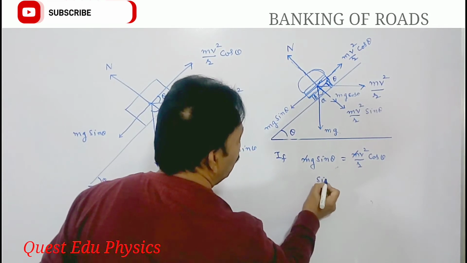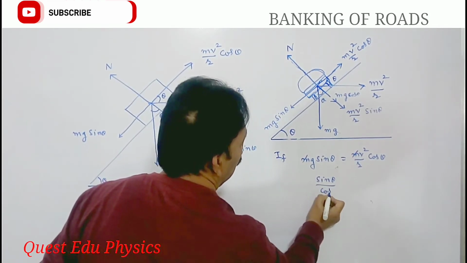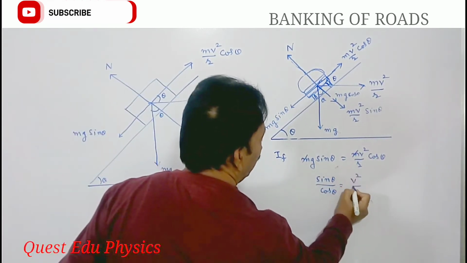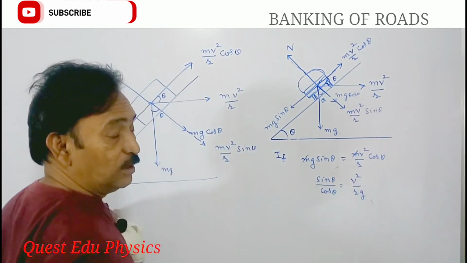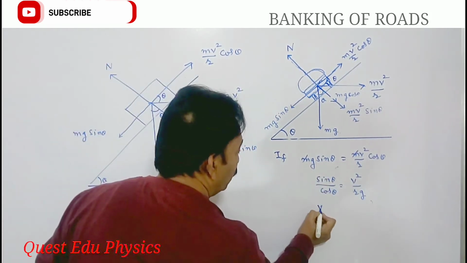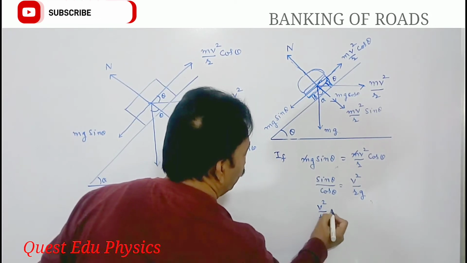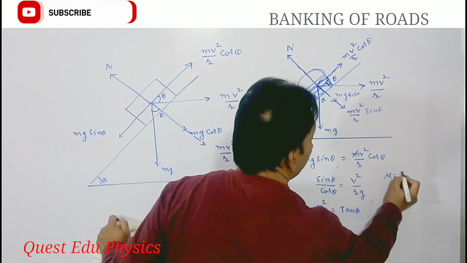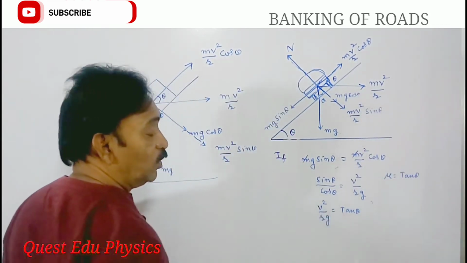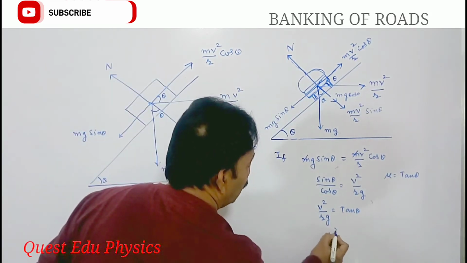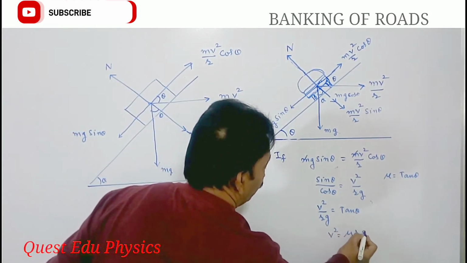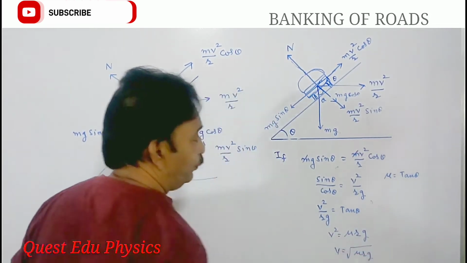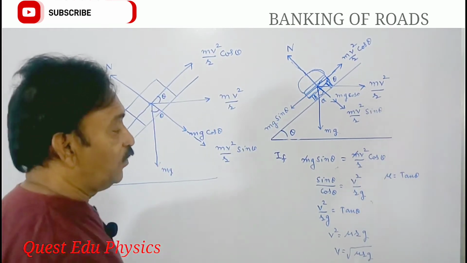You get sin theta by cos theta is equal to v square by rg. Or v square by rg is equal to tan theta, and you know that mu is equal to tan theta. That is v square is equal to mu rg, or v is equal to under root of mu rg. It is the safest velocity.